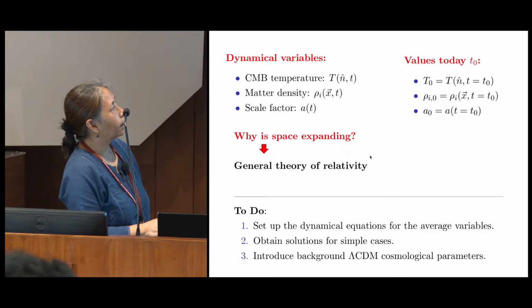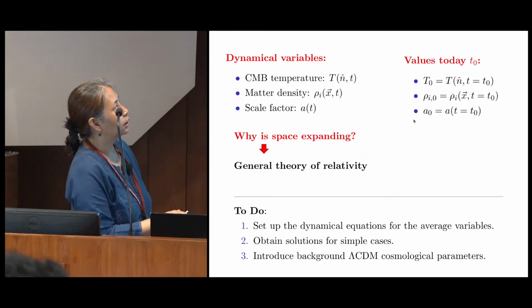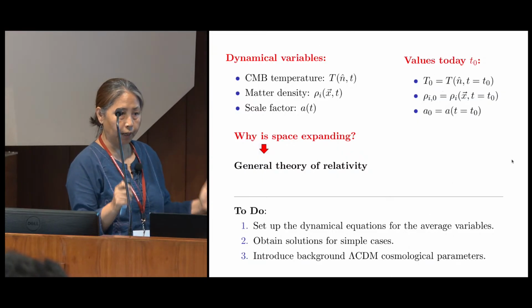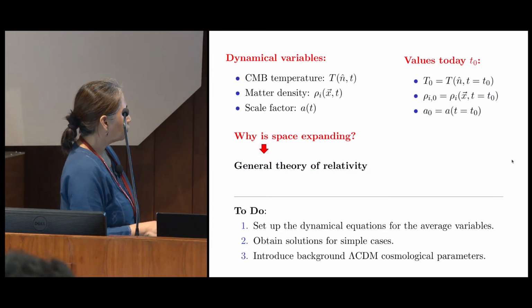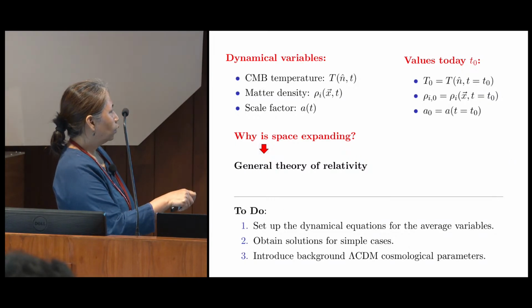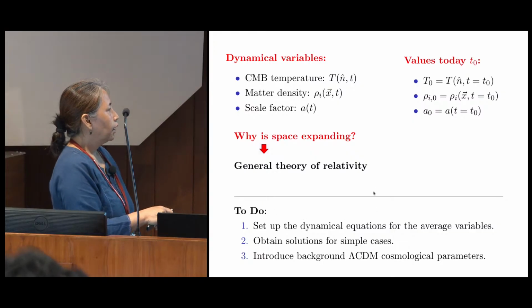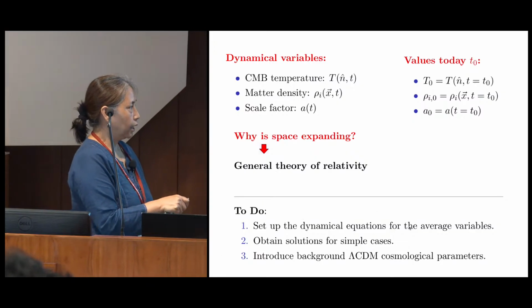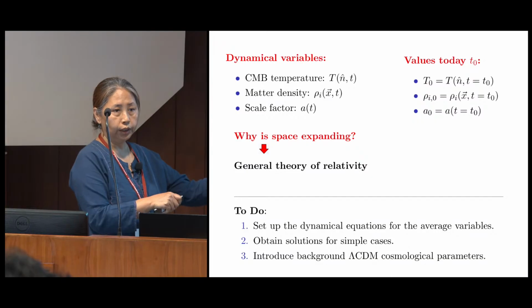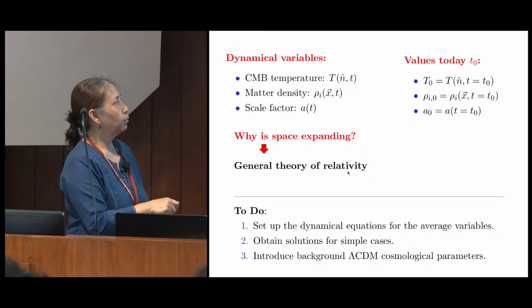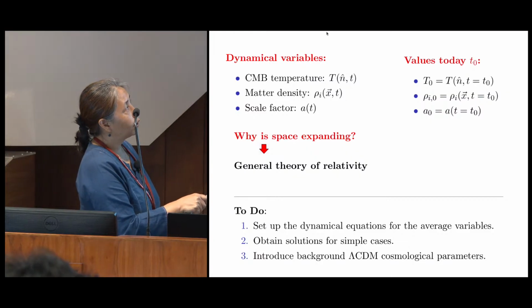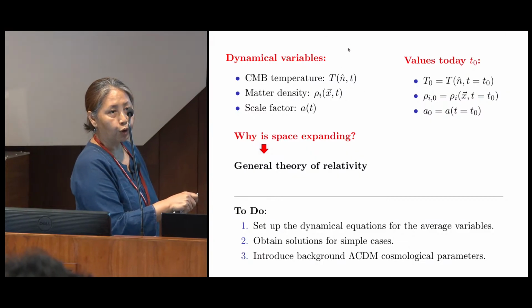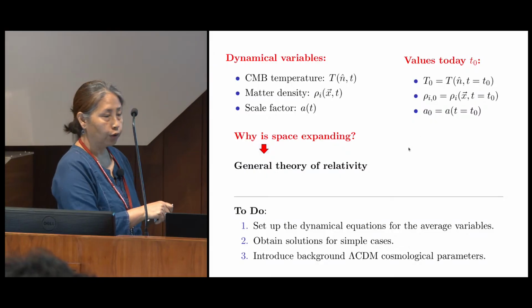The word background typically means the averages, and the perturbations on top of them are the fluctuations. We are going to set up those equations, and in some simple cases I will just tell you the solutions, by which I mean solutions for these quantities. I will not be doing T because that is far more complicated, with perturbations and so on.